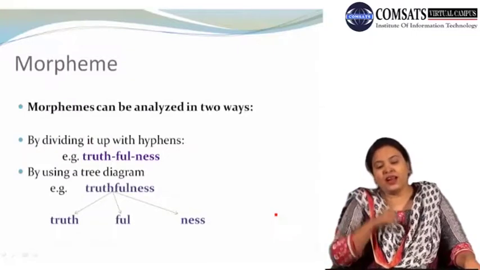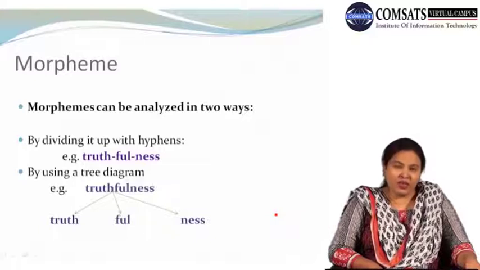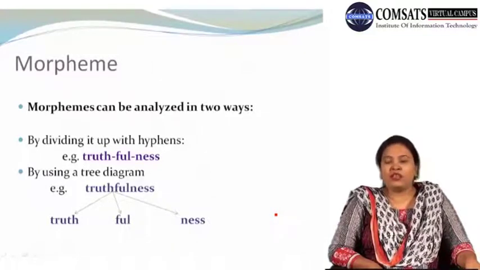Now morphemes can be analyzed in two ways: by dividing up with the help of hyphens. If we want to show that a word is comprised of different morphemes, then one way is to divide the word with the help of hyphens. Truthfulness: truth is one morpheme, full is one morpheme, ness is one morpheme. Another way to analyze is using a tree diagram.